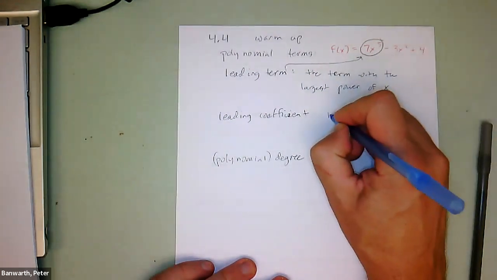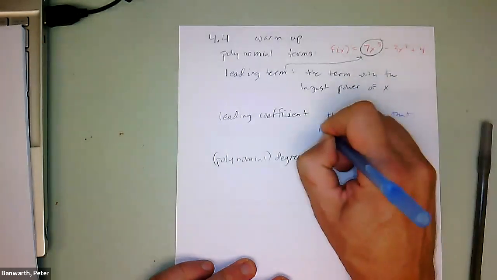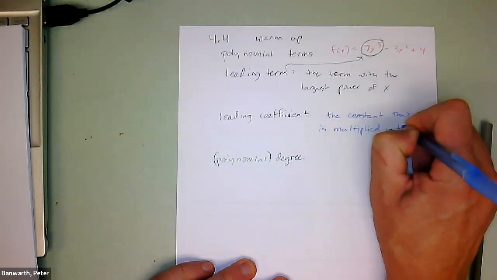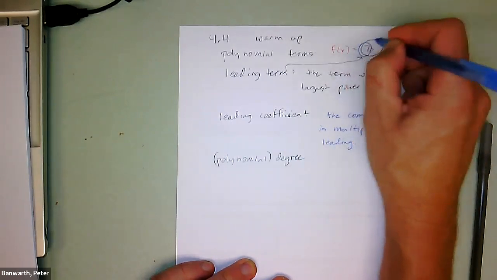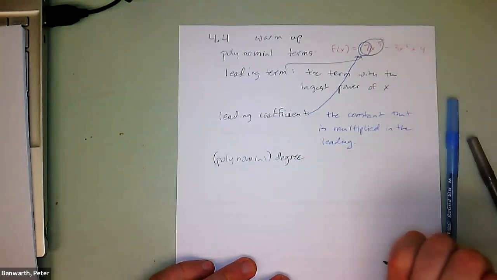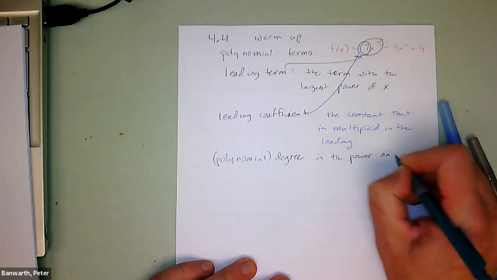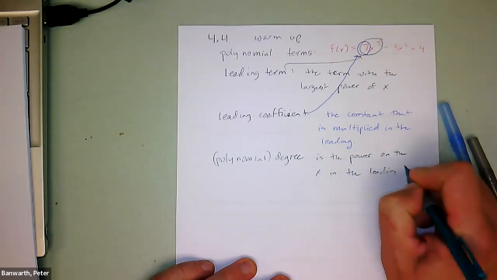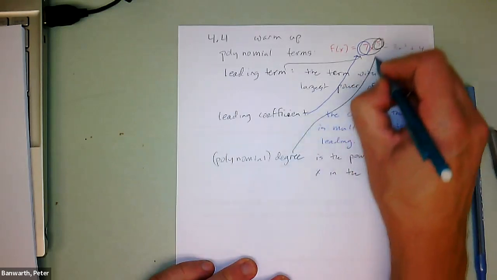The leading coefficient is a constant that is multiplied in the leading term. So in this case, it's the 7 that goes with the 7x to the fifth, and the degree is the power on the x in the leading term. So right there is the degree.